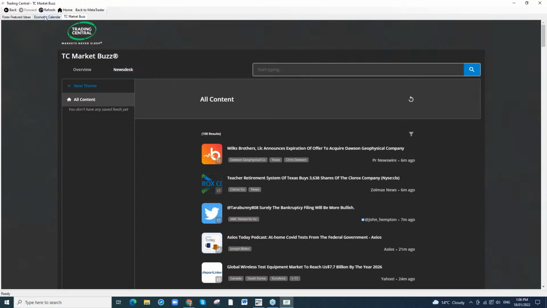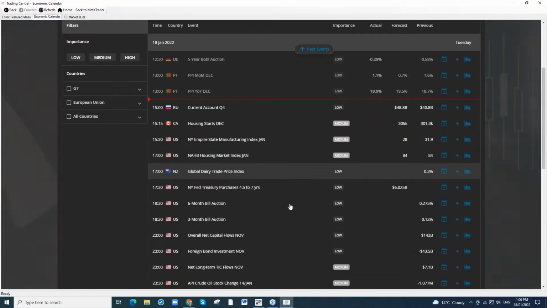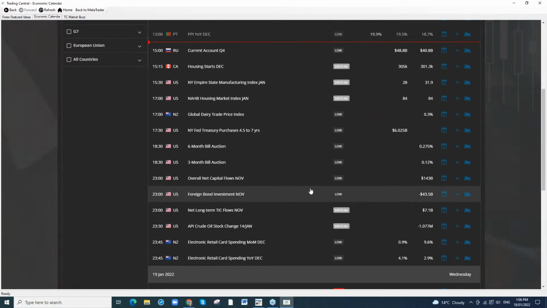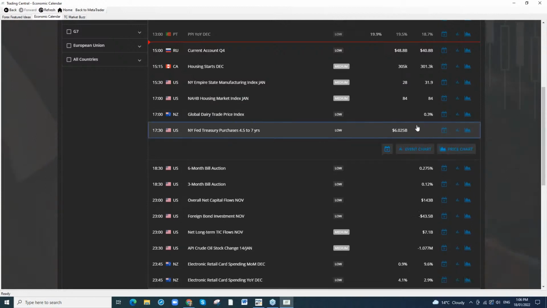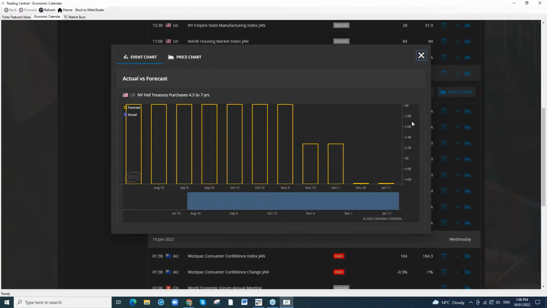Our Economic Calendar is an upgraded version of the economic calendars that you already know. So if you are, for example, following the US market, maybe you would like to see more about a specific event, you can see the event chart and the price chart, which are included in this calendar.